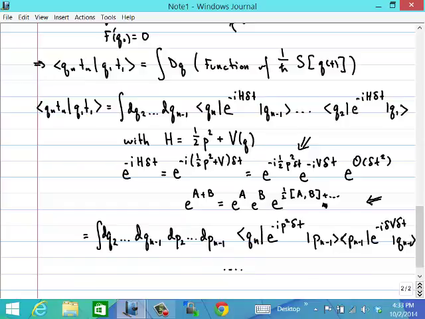And then you have to take the product over all of the various terms, all the way down to q2 e to the minus i p squared delta t p1, e to the minus i, sorry, there's no delta here, v delta t, q1.